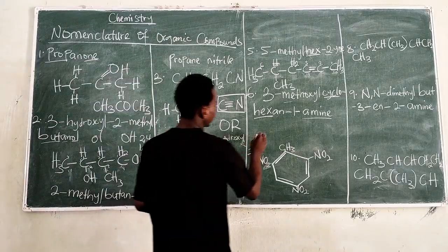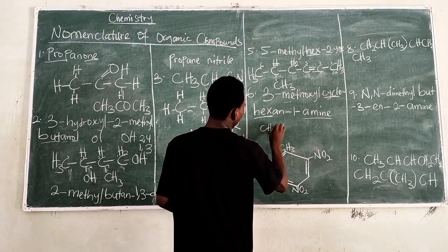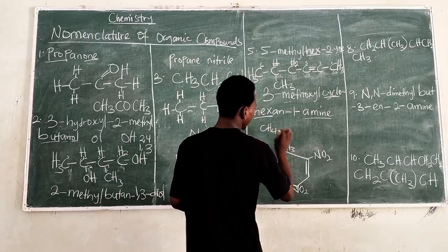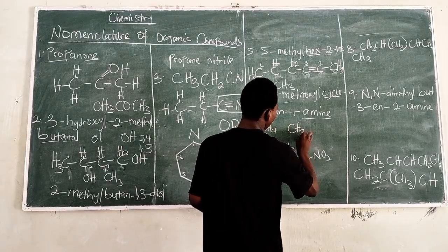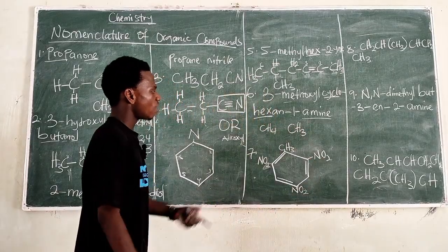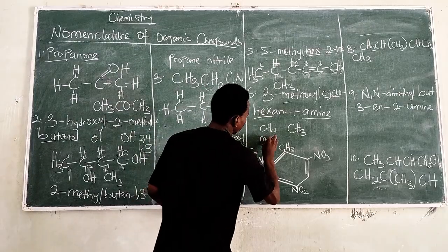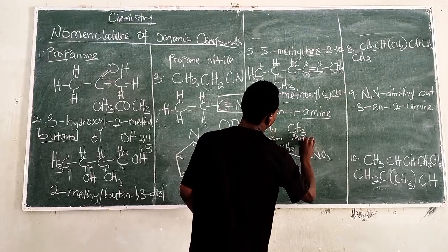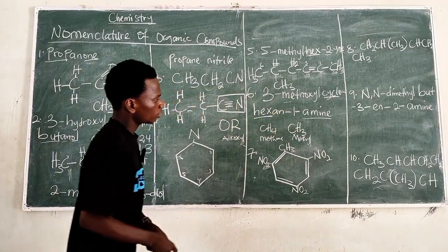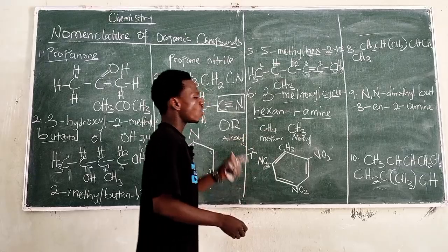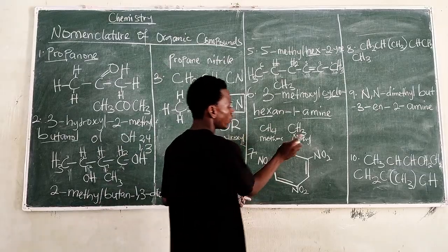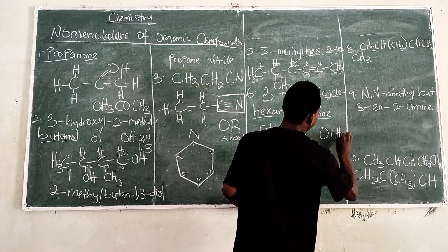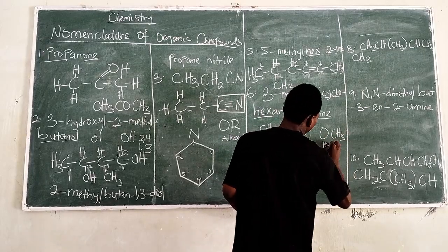So let's say we have the first member of alkane, CH4, which is methane, and then we remove one hydrogen from here, we are going to have CH3. So CH4 is methane from the alkane family, and CH3 is methyl from the alkyl family. And then with the addition of O on the methyl, OCH3, we are going to have a methoxy.